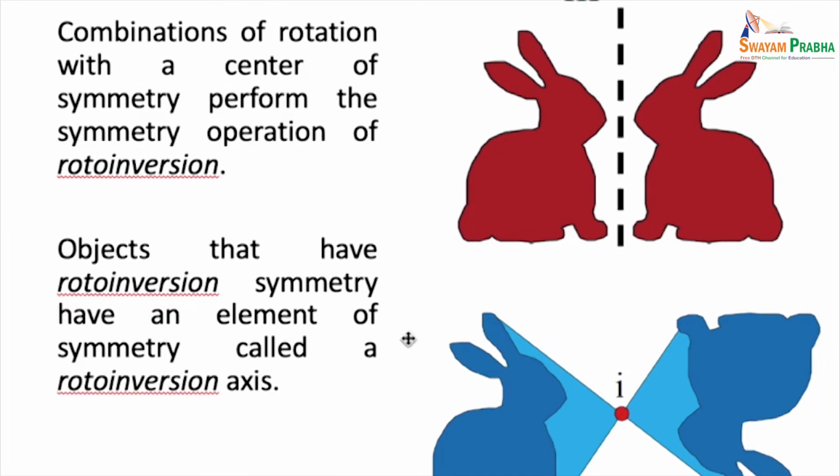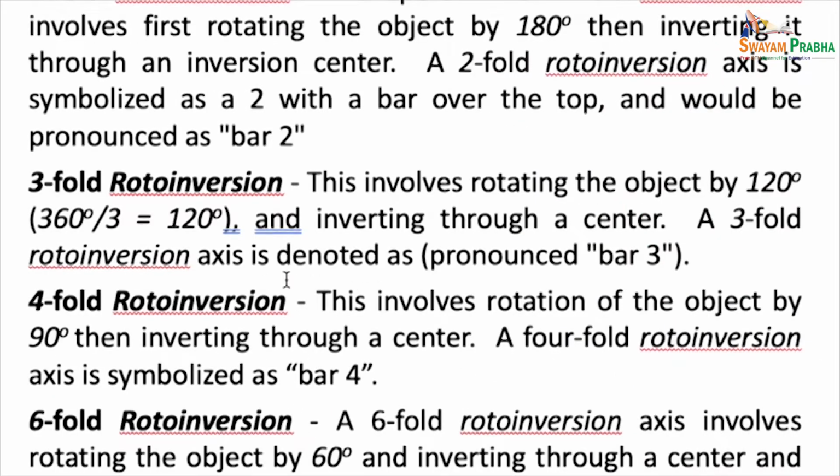Objects that have roto-inversion symmetry have an element of symmetry called a roto-inversion axis. That is, you are rotating the object and then performing a symmetry operation involving the inversion through the center of symmetry. Now, let's take a look at the twofold roto inversion, threefold roto inversion, fourfold roto inversion, and sixfold roto inversion.